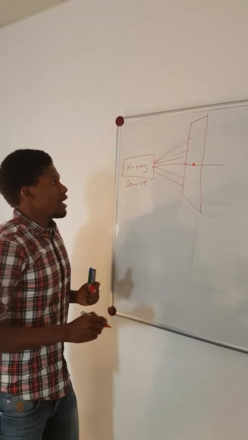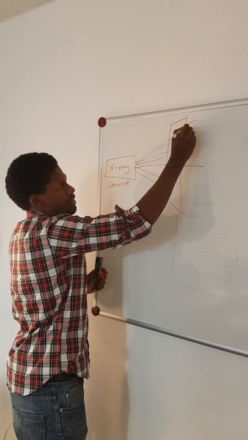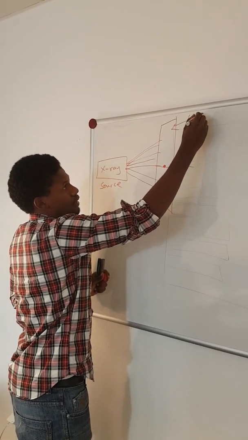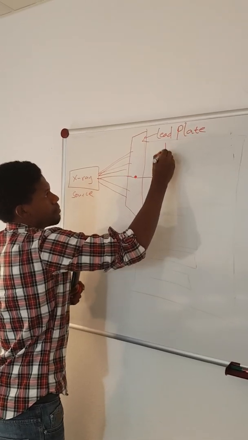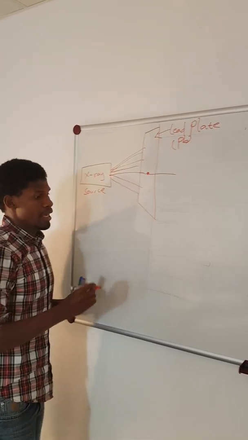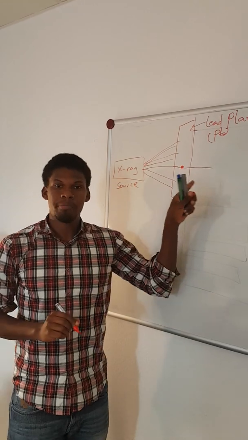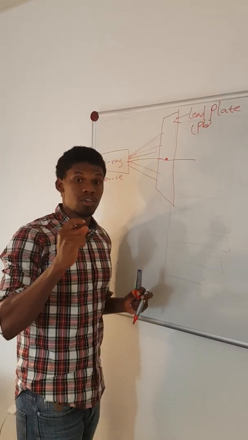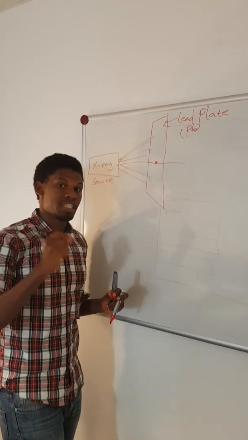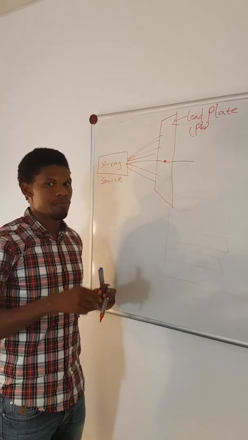So this is the lead plate, Pb. Here we can put a pure magnesium material. This pure magnesium material should be a single crystal structure, because we want to determine the crystal structure of magnesium.